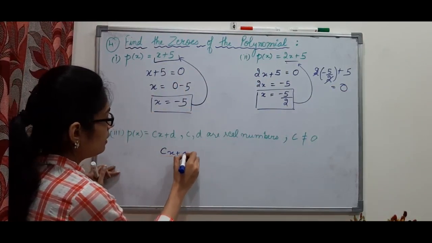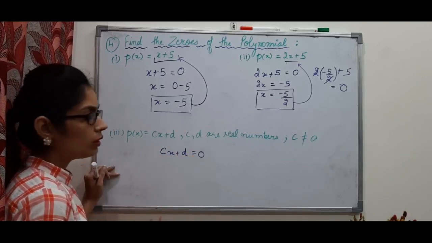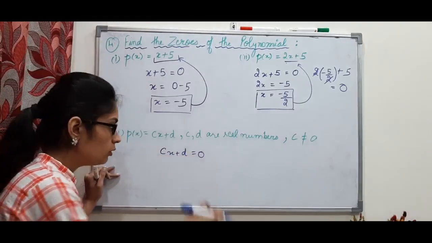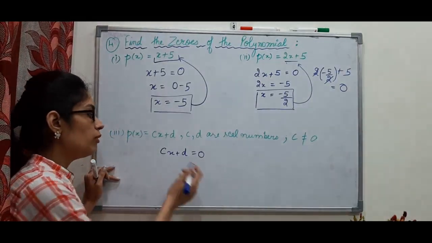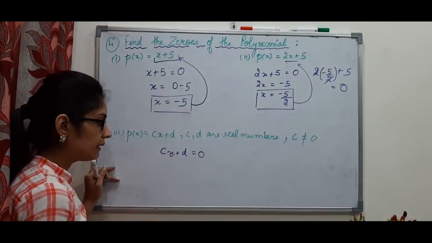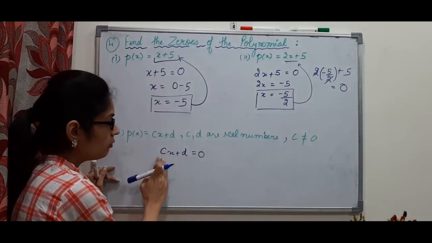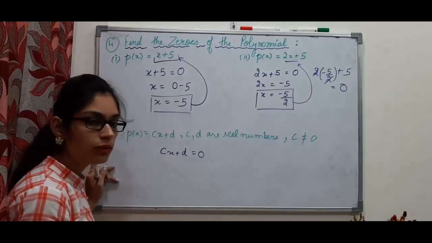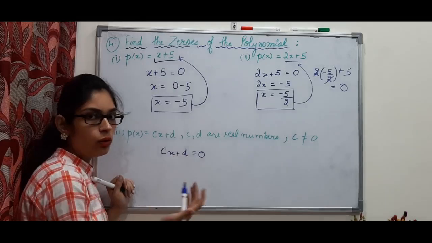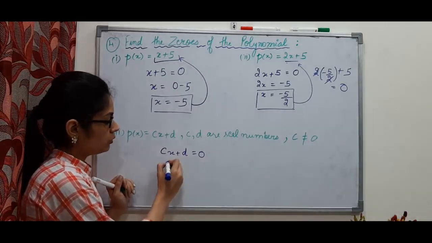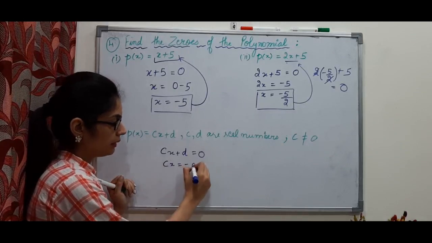cx plus d equals 0. Because I have told you, whenever you are finding a 0, just equate the expression to 0. Because we know if we fill the 0 of the polynomial in place of x, we will get our expression equal to 0. That's why we equate the expression with 0 to find the value. So cx equals d, on shifting to the other side, it's minus d.